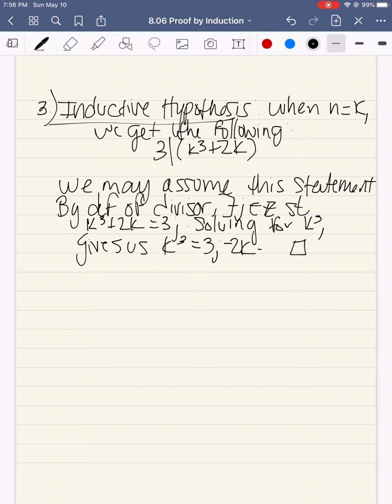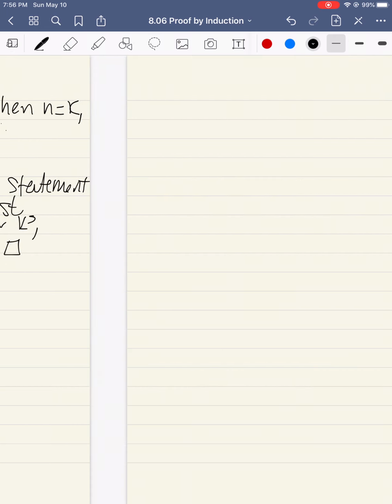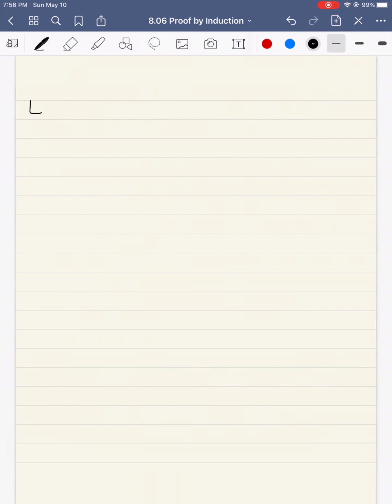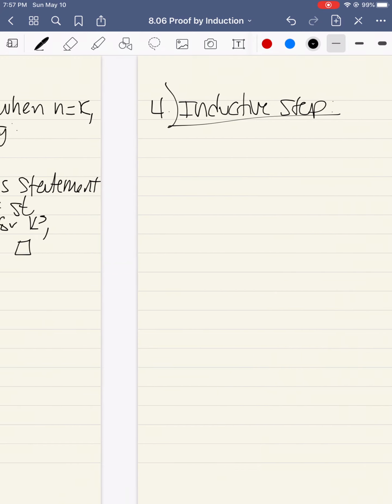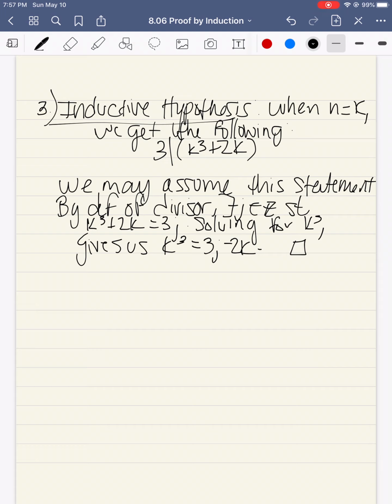Okay, so that's another step, and it's our second to last step. So our final step here is going to be called the inductive step. I'm going to actually do it on another page so that I don't have to split this. So everything leading up until now, steps 1 through 3, is going to build the foundation for the inductive step. And so the inductive step essentially is saying, okay, I let you assume that this statement here was true when n was equal to k.